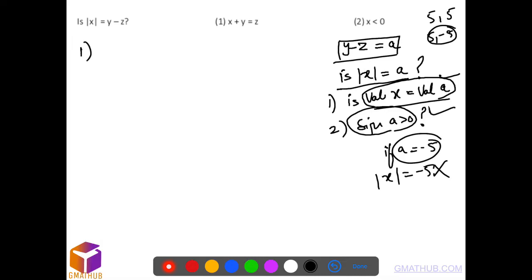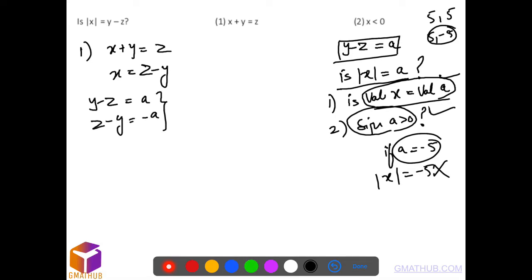First statement tells me x plus y is equal to z. x is equal to z minus y. If y minus z is equal to a, z minus y will be equal to minus a. So a and minus a, what happens? In terms of value, they are the same. For example, one of them will be 5, another would be minus 5.